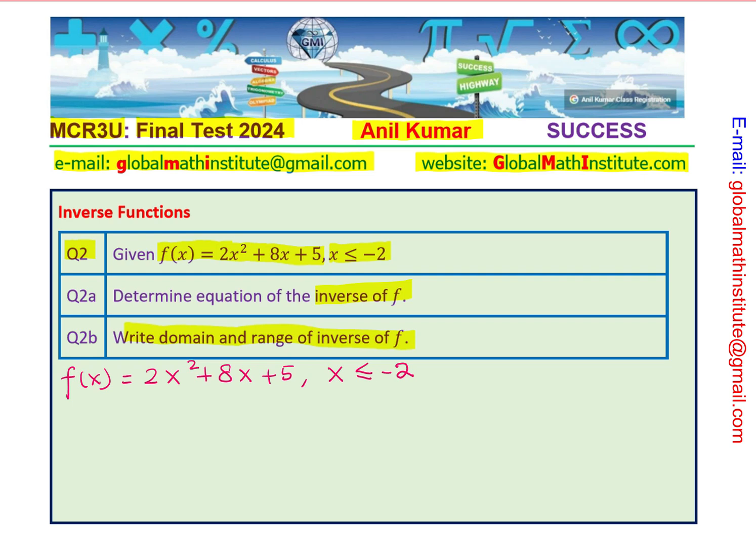Now, to find the range, we need to find the vertex, right? And this parabola opens upwards, so once we find the vertex, we can find the range also, right?